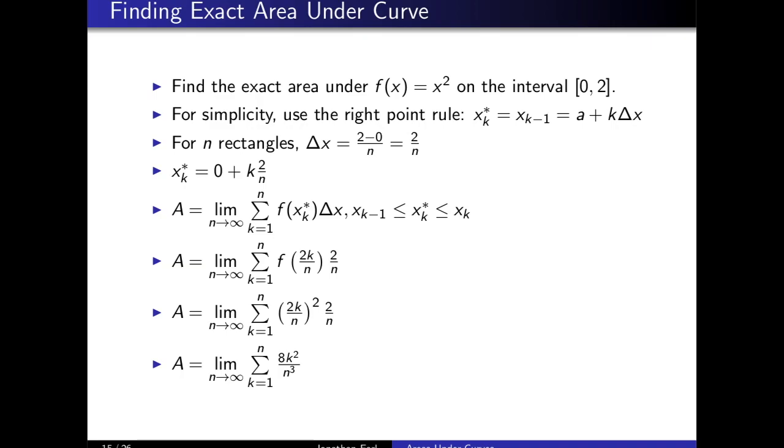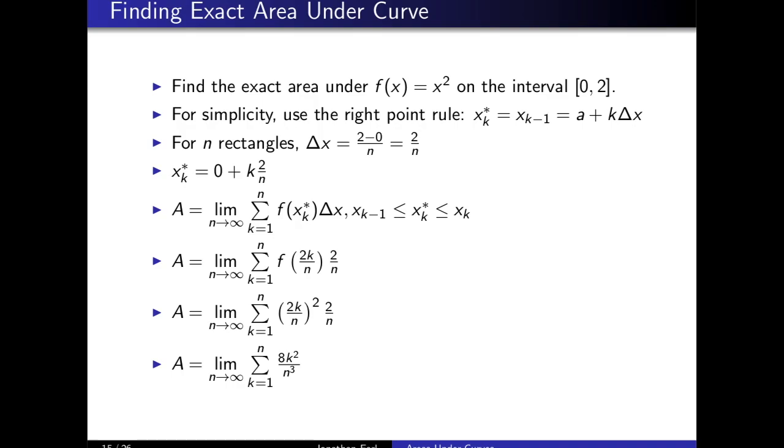Okay, and when we have n rectangles, our delta x will be 2 over n because our interval is of size 2, and we would have n rectangles. So our a is going to be 0 because that's the left point of the total interval, and our delta x is 2 over n, so xk star is going to be 2k over n.